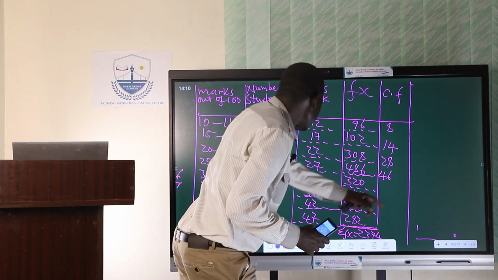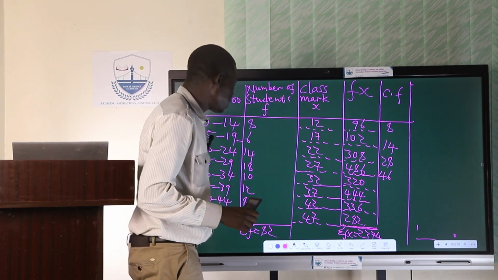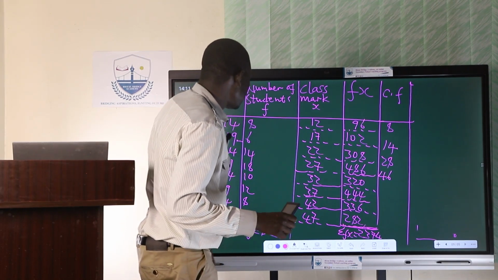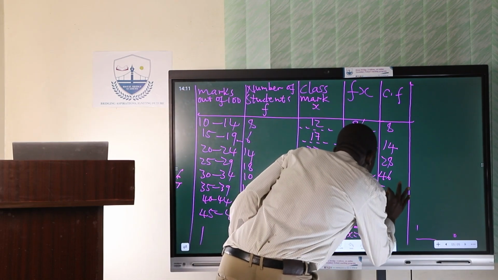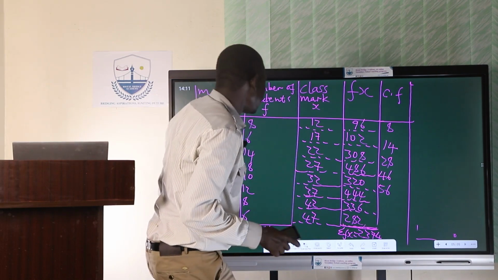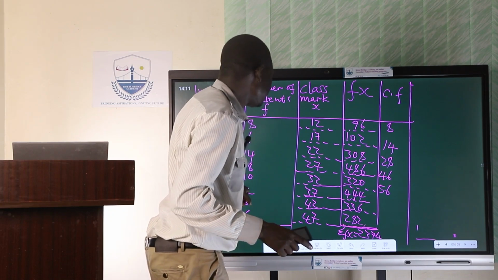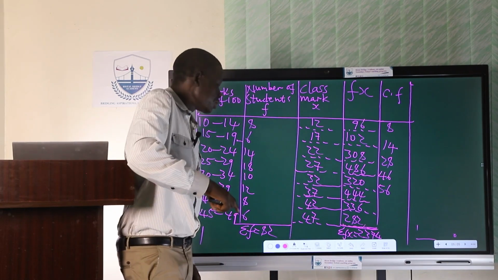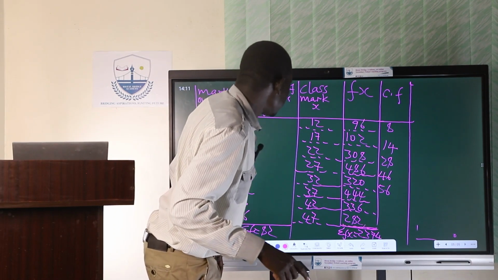Then this 46, we add it to the next frequency value, which is 10. So 46 plus 10, we get 56. Then 56 plus the next frequency value, which is 12, we shall get 68.